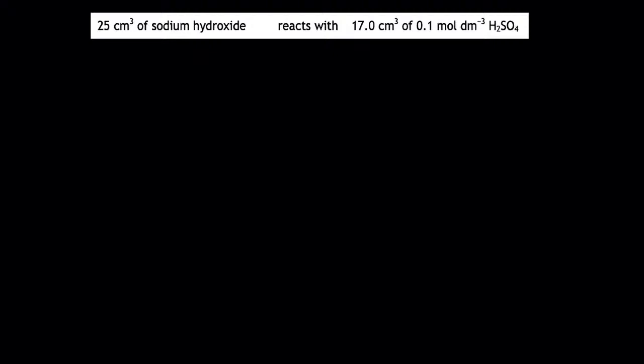Okay. Let's do this. 25 centimeter cube of sodium hydroxide reacts with 17 centimeter cube of 0.1 mole per decimeter cube sulfuric acid. Now, let's figure out the moles for this first, because it's turning into routine. The moles of sulfuric acid is going to be concentration times volume, which is 0.1 times 0.017, is that right?